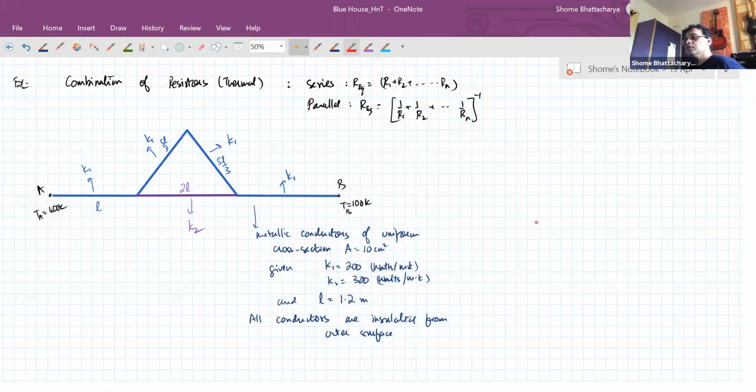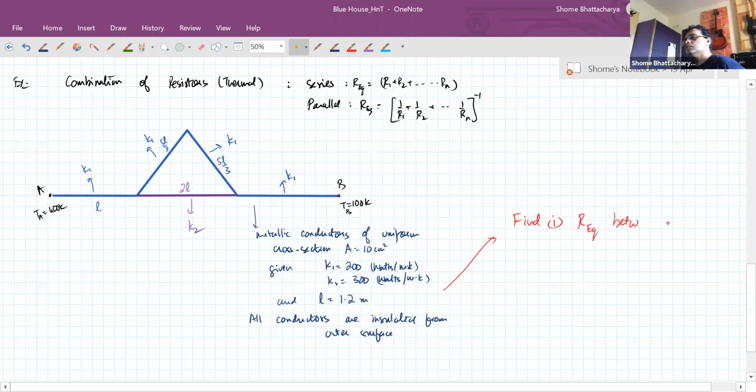So we want to find, first of all, the equivalent thermal resistance between A and B. Then we want to find out the net delta Q by delta T, that is rate of conduction from A to B. And now the slightly tricky part, we also want to find out if this point here is C, we want to find the temperature of C at steady state. All these calculations we are doing for the steady state condition.